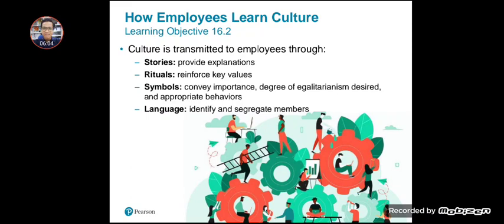The next one is language. It is another way to learn about organizational culture, as employees will express themselves in certain ways, indicating membership in the organization.